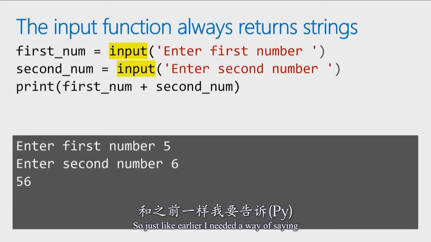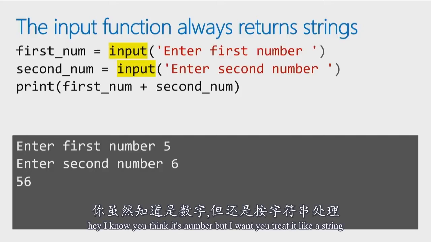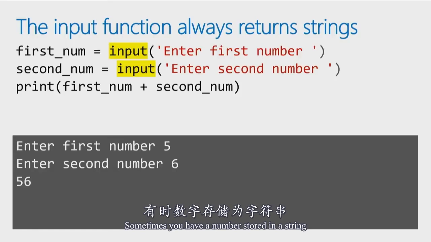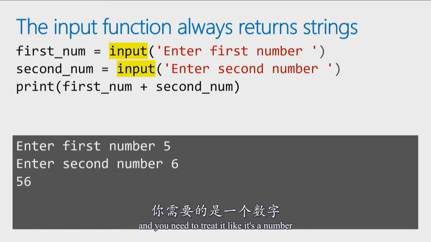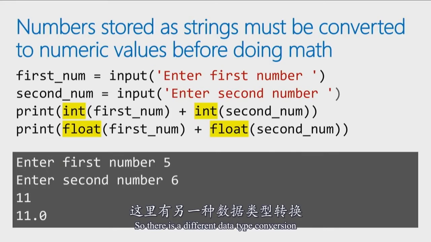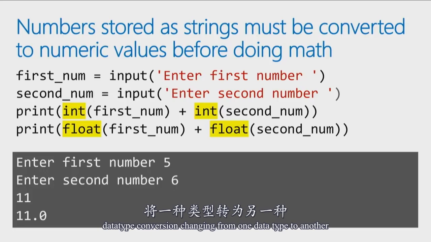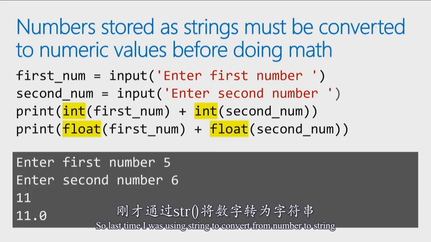So just like earlier, I needed a way of saying, hey, I know you think it's a number, but I want you to treat it like a string. Sometimes you have a number stored in a string, and you need to treat it like it's a number. I want to do math with it. So there's a different data type conversion. Data type conversion, changing from one data type to another. Last time I was using str to convert from number to string.